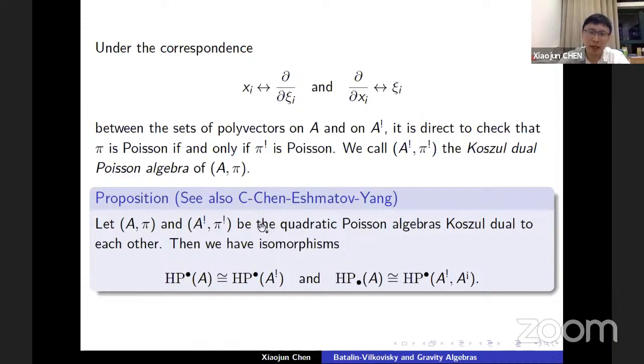So now we have the following. Suppose A, pi and A^!, pi^! are quadratic Poisson algebras Koszul dual to each other. Then we have an isomorphism between the Poisson cohomology of A and the Poisson cohomology of A^!, and the Poisson homology of A with, well, now it's not Poisson homology, it's the Poisson cohomology of A^! with values in its dual.